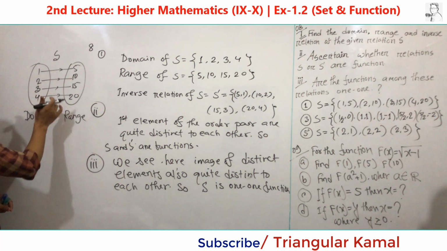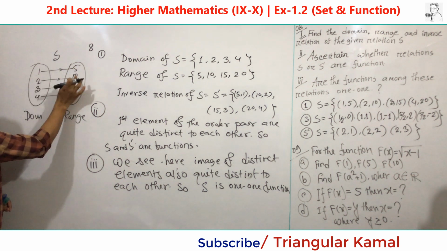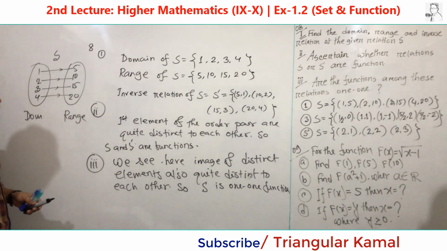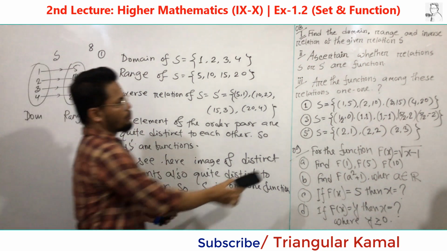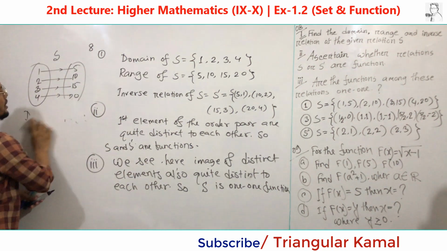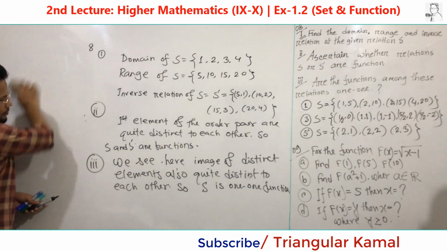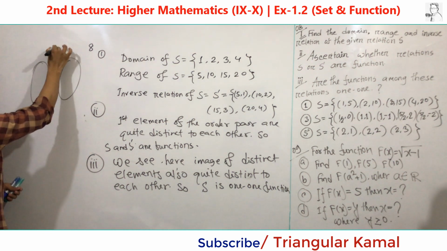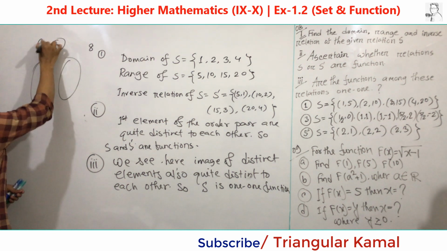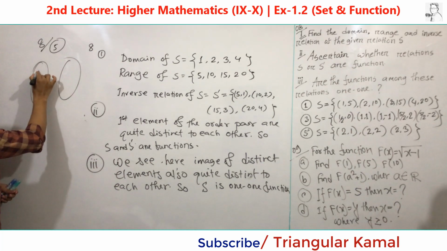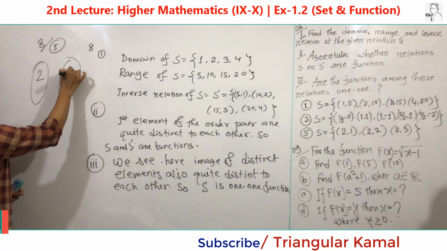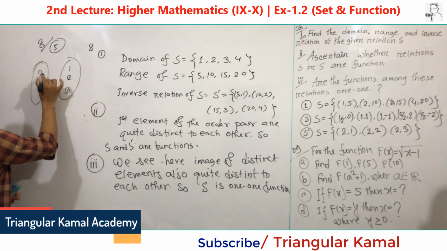And if you think of S prime, it is 5 to 1, 10 to 2, 15 to 3 and 20 to 4. Now draw the graph of number 5. You can take the decision from the figure. In number 5, the domain is 2 and the range is 1, 2 and 3.